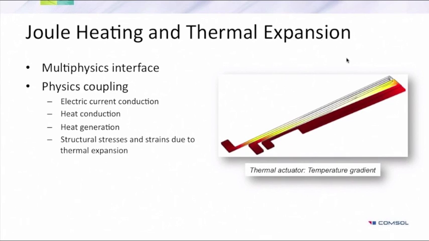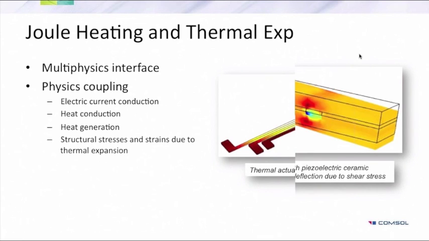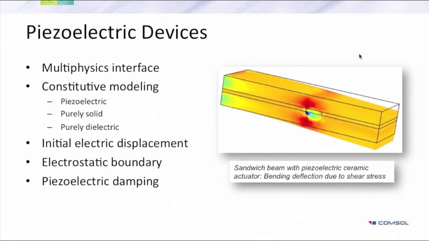Since those materials are nonlinear with different creep mechanisms, they will change their shape under the temperature change. And yet another coupling is the piezoelectric devices. Here, the electric field has a direct influence on the displacement or the stresses, and vice versa.